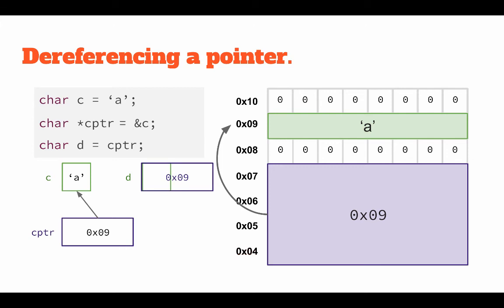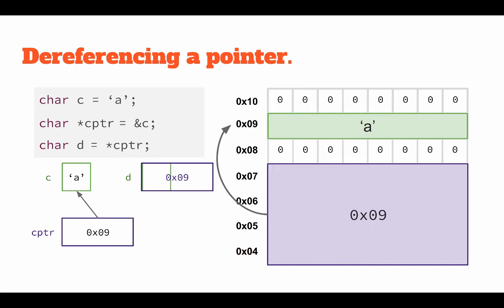And what that is going to do is it's actually going to go find C pointer and say, oh, C pointer, you're storing 0x09. I want to store your value into my character D. Unfortunately, this does not work. We're trying to put an address into a slot that's only big enough to hold a character. And I wanted to show you that because that's a common mistake.